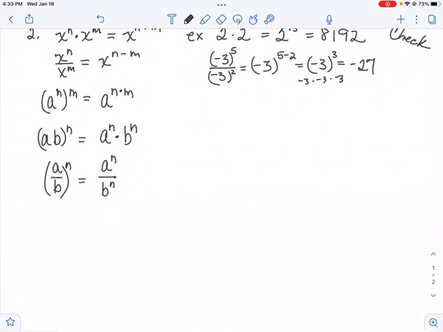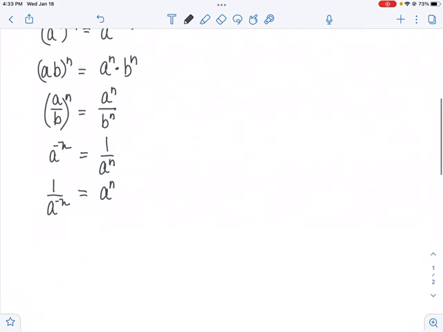And then if we have A to the negative n, this would be then 1 over A to the n. If we had 1 over A to the negative n, we could rewrite that as just A to the n. Okay, so those sometimes come in handy.